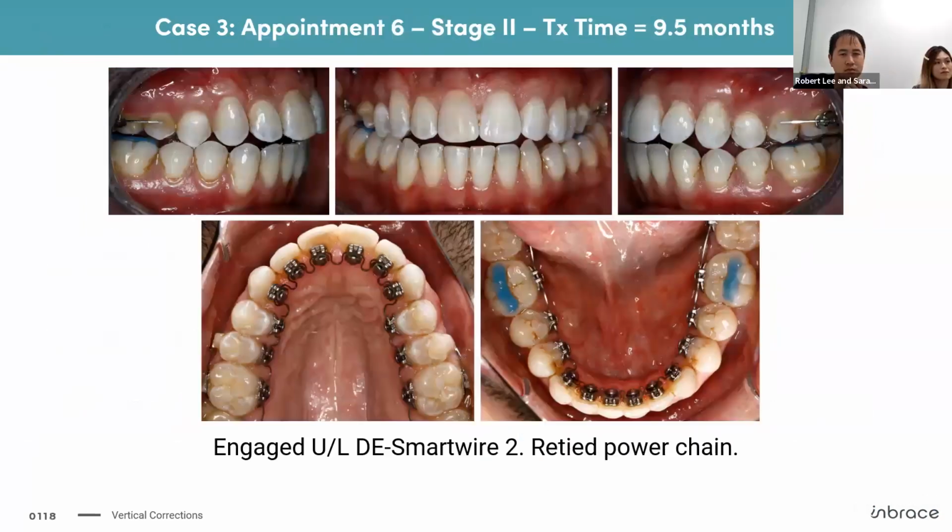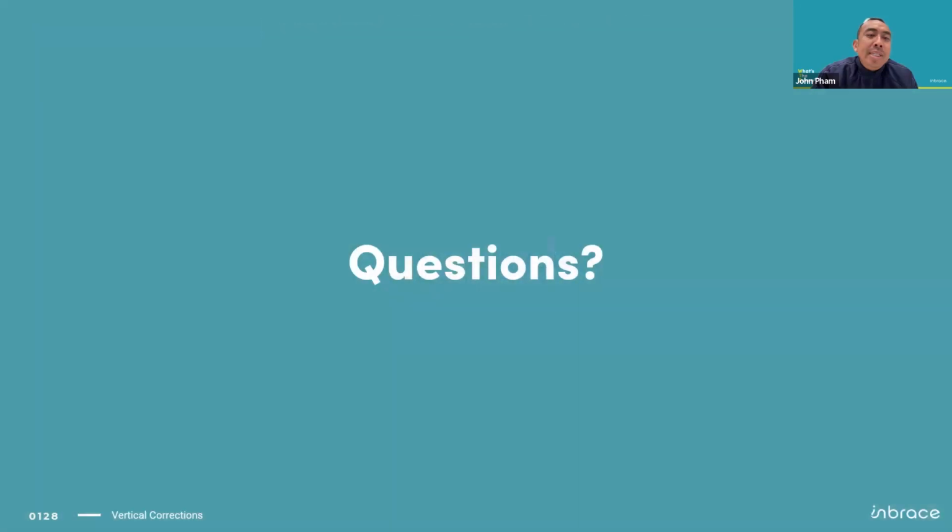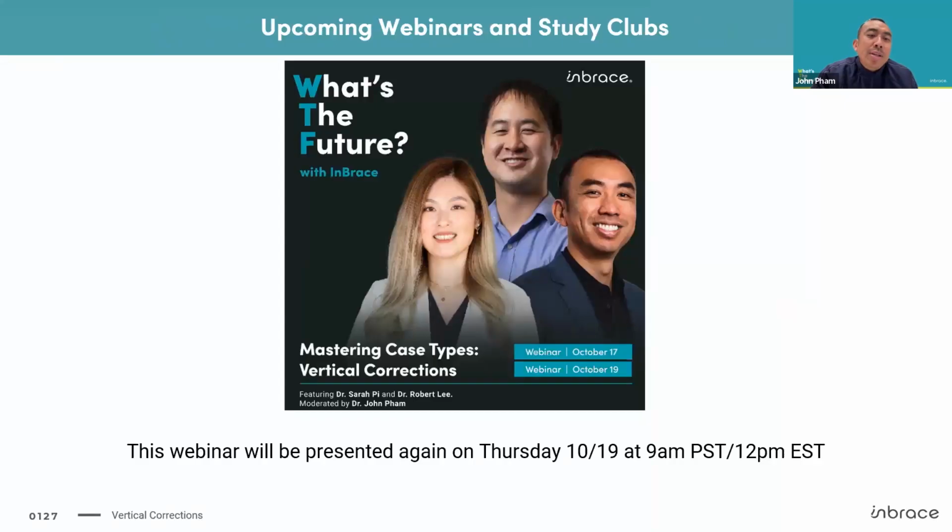Okay. This was around 558, so this was your last case. Will the DE wire add more buccal crown torque on those upper anterior, or plan to mesialize upper teeth?